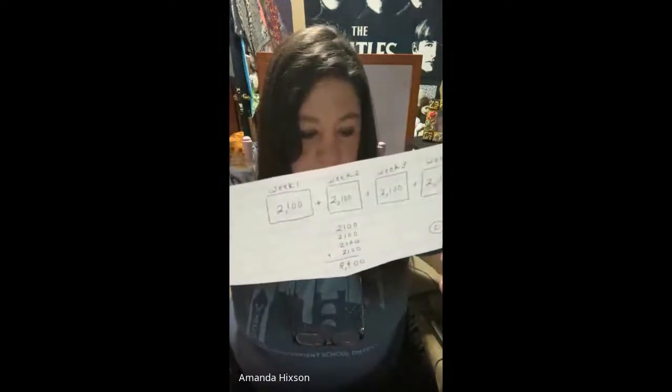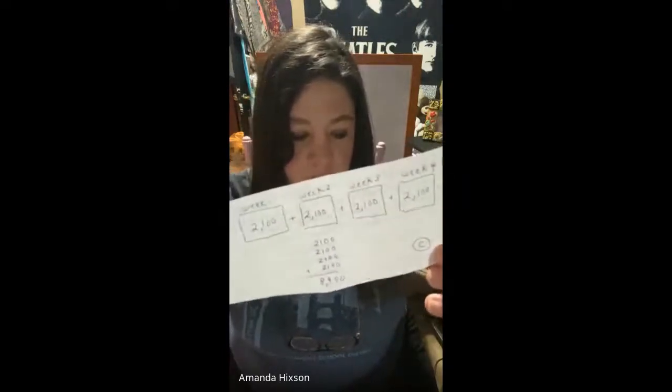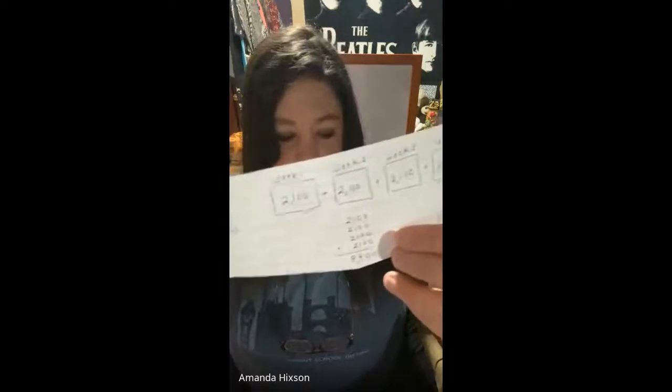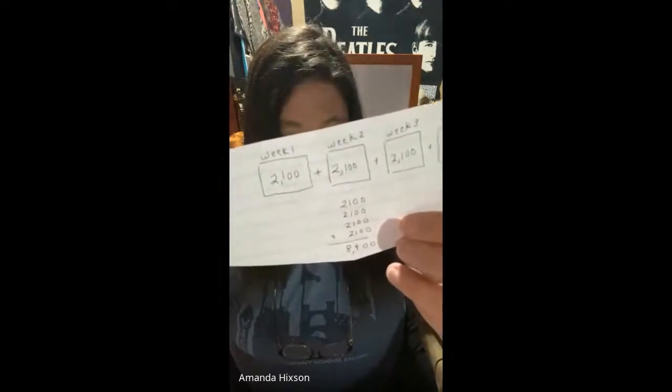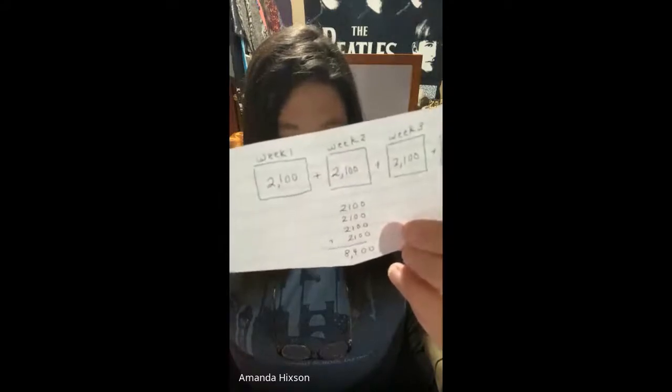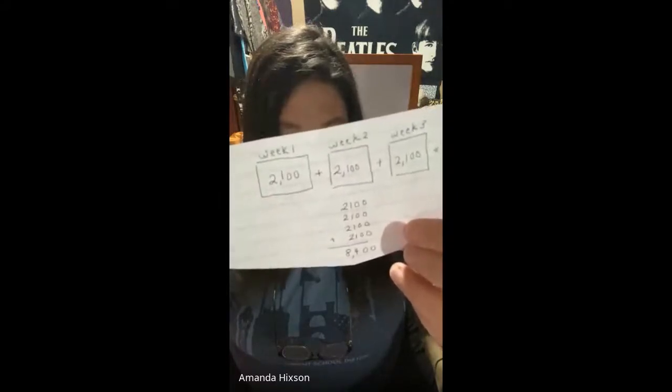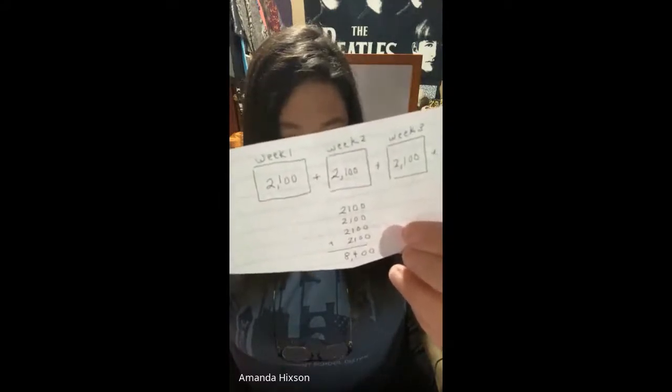Week 2, 2,100 miles. Week 3, 2,100 miles. And I knew that was adding those 4 numbers all together. Repeated addition is multiplication. And so I also did it over here where I added 2,100 plus 2,100 plus 2,100 plus 2,100. Got the same answer, 8,400.